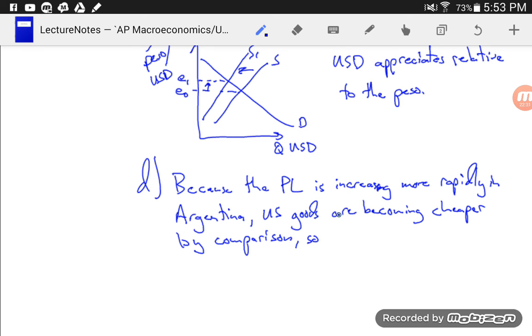So Argentinians will end up wanting to buy more U.S. goods, which means they are going to need U.S. dollars. So I don't know how to write that out exactly, other than say Argentinians will demand more U.S. dollars to buy U.S. goods.